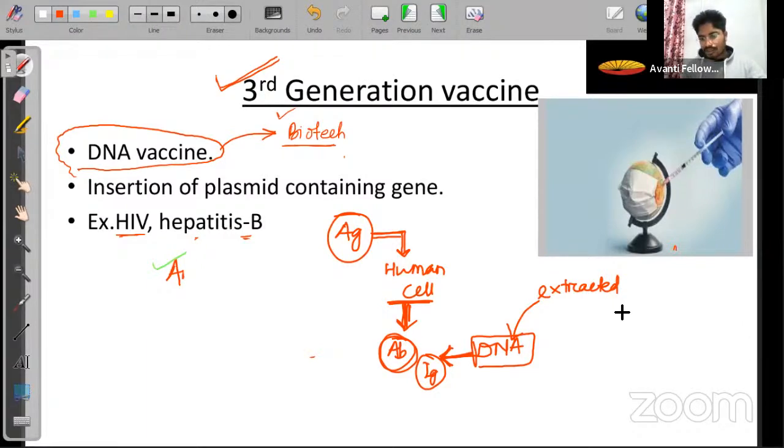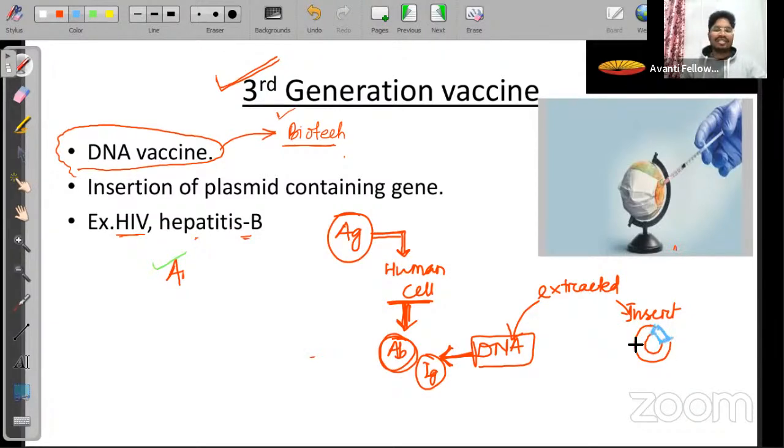Extract करने के बाद उसको insert किया जाएगा. ये प्लाज्मिड है, प्लाज्मिड के अंदर उस डीएनए को इंसर्ट किया गया. The DNA was inserted here.